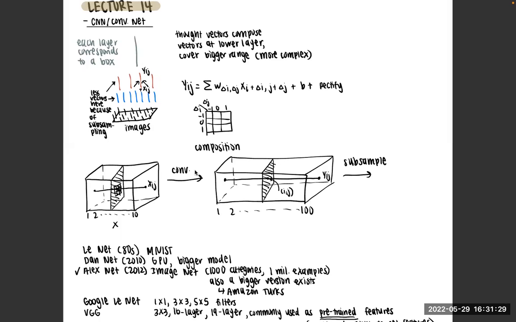The idea of the convolutional neural network was inspired by the visual cortex in our brain, the architecture of the visual cortex, where there are cells doing operations at different locations, and they share the same type of operations at different locations because objects can appear at different places.